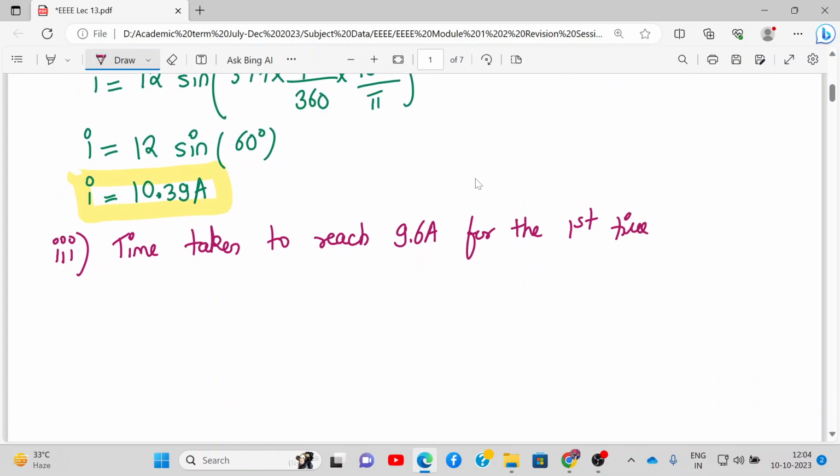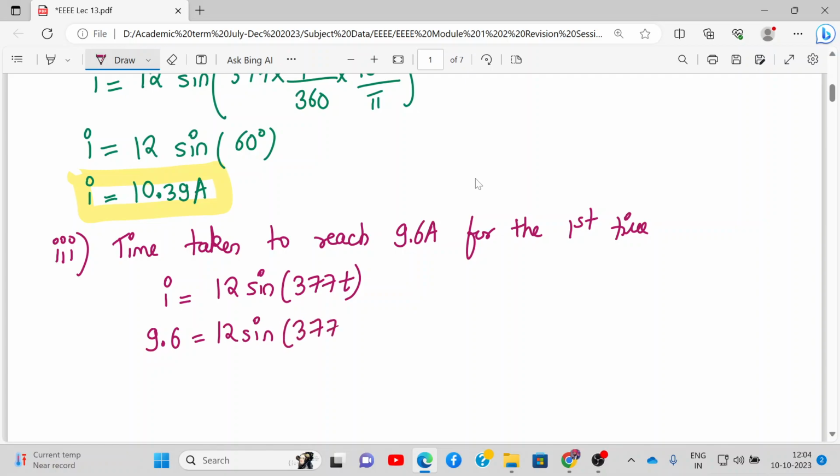All right, so here we'll write i equals 12 sine 377t. This is what we got, right? And they have asked us to find the time. So when the current has reached 9.6 amperes, i equals 9.6, 12 sine 377t. So here we need to find the time.